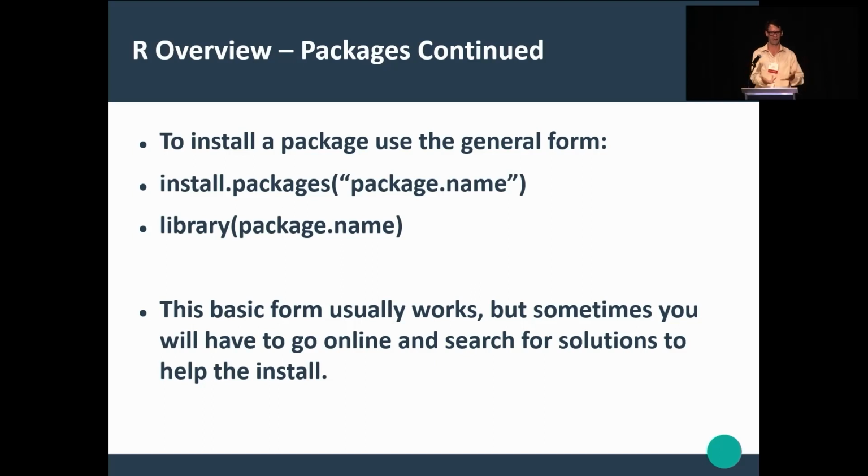So you just type library, package name. Sometimes it's a little difficult to install the packages. They'll have dependencies that you'll have to install somewhere else. But realistically, it's just the price you have to pay to be able to use this amazing tool. Anytime you have trouble installing something, there's always help online.